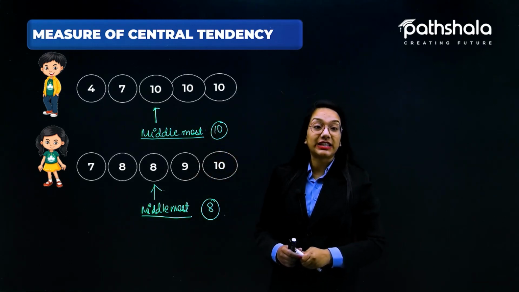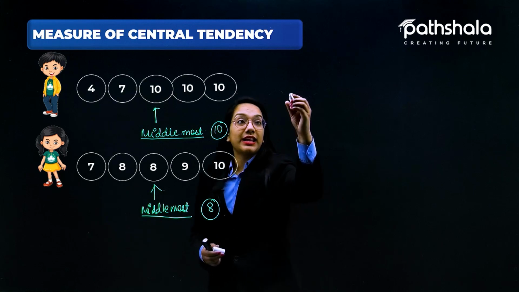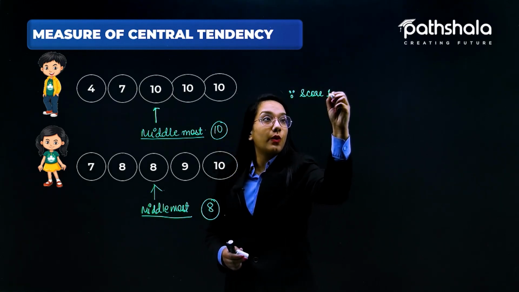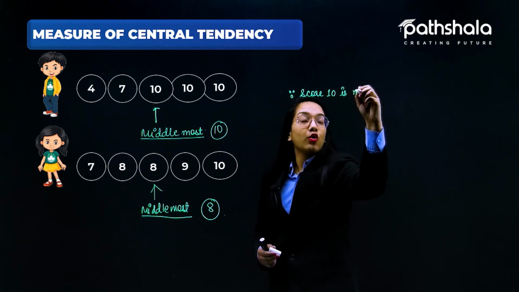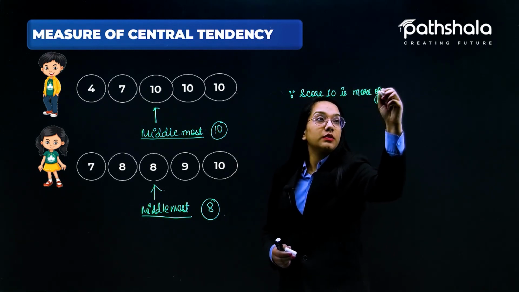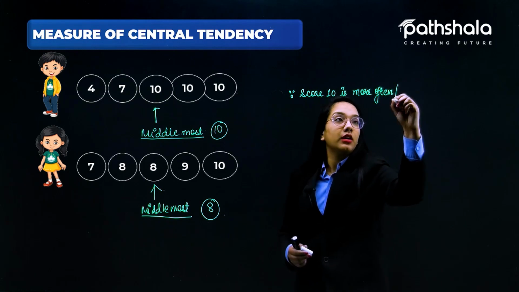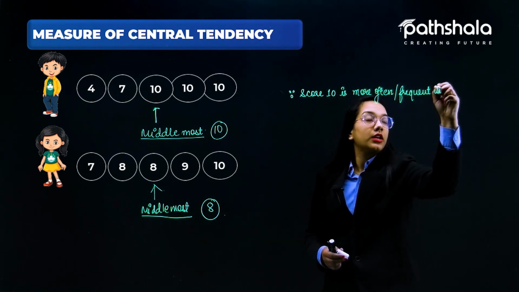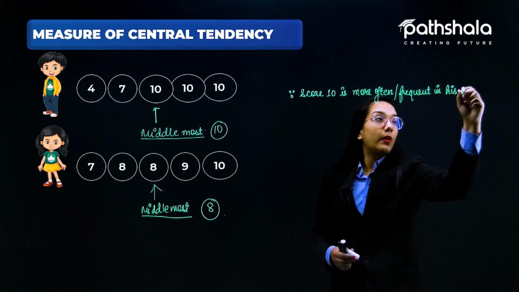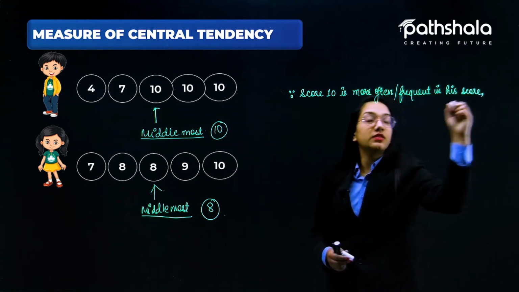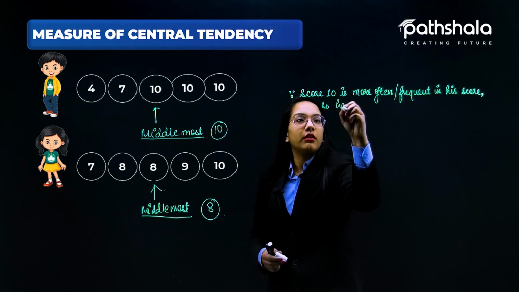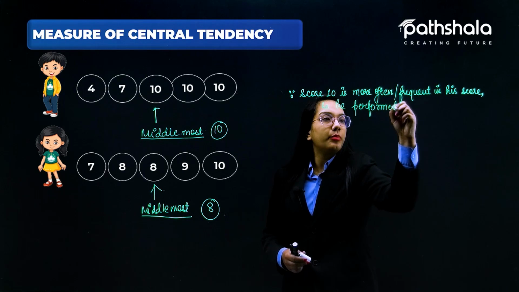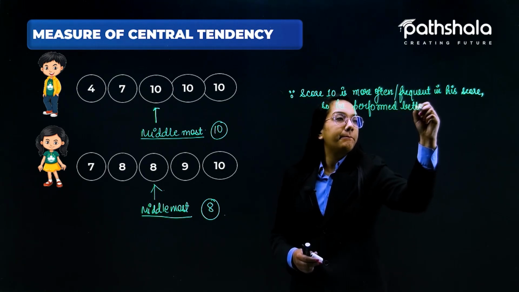So Harry suggested that since the score 10 is more frequent in his scores, he performed better.